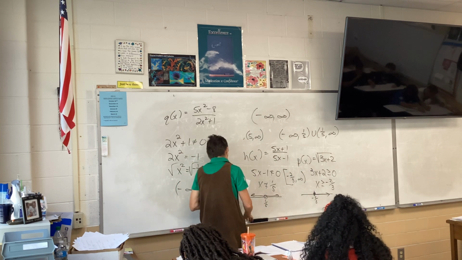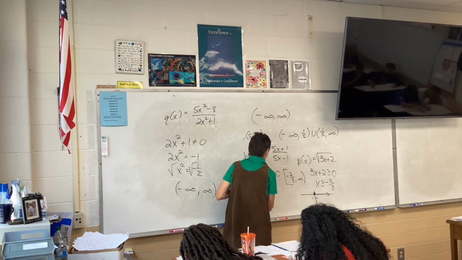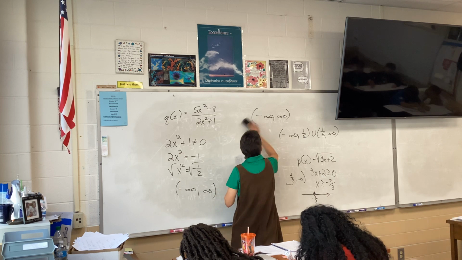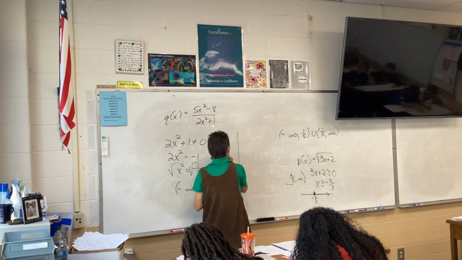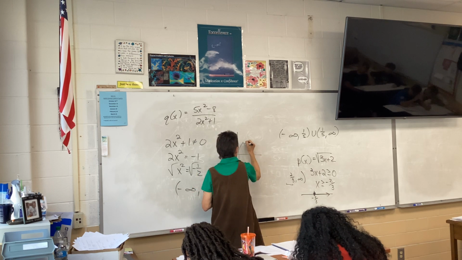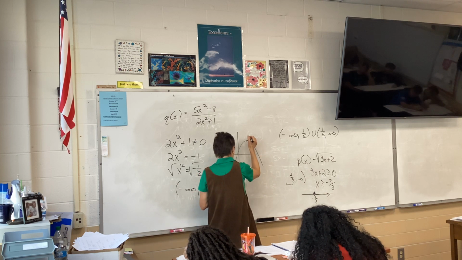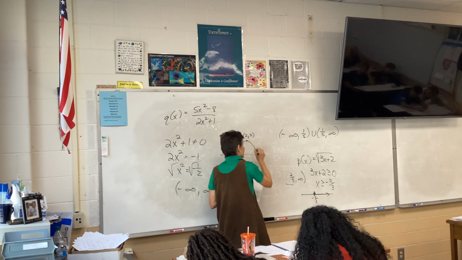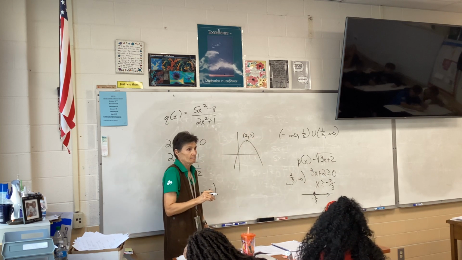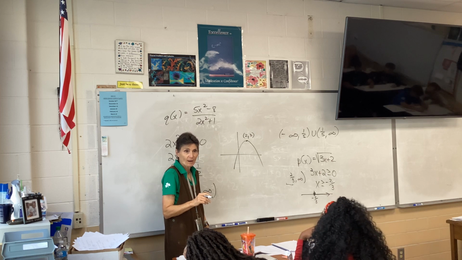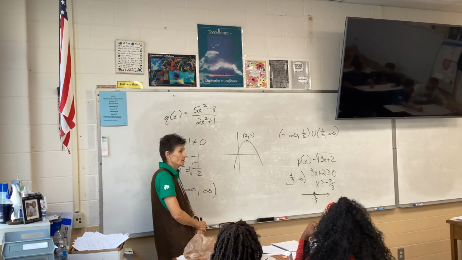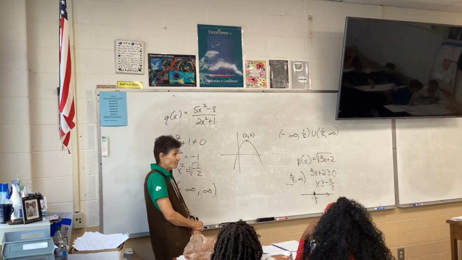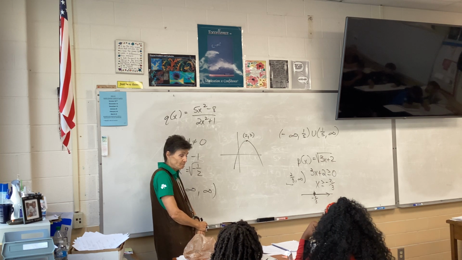All right, let's look at number 2. I graphed this little picture for you, and I've asked you to find the range of the picture. What do I mean by the range? The y's. Range is y's, right? So tell me about the y's in this picture. Is it everything? Do I have all the y's in this picture?